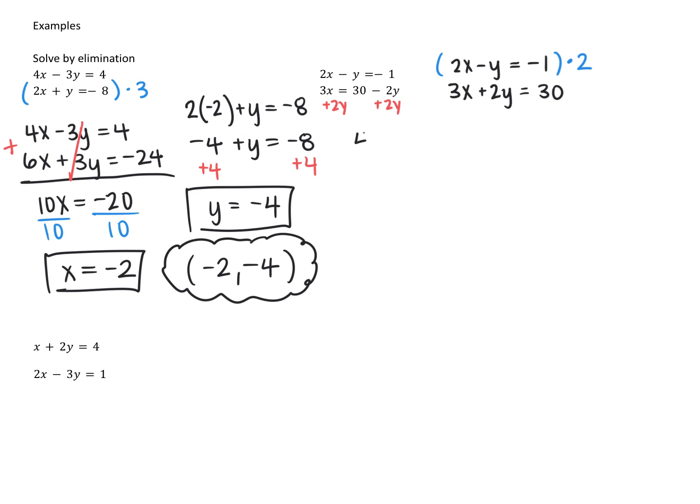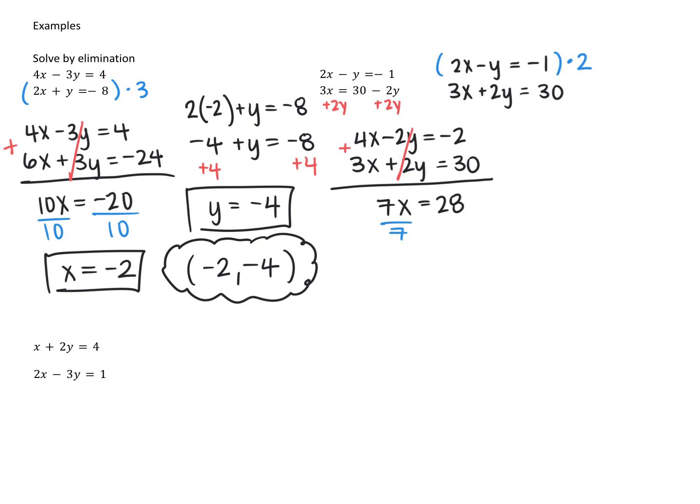So we get 4x minus 2y equals negative 2. Second equation stays 3x plus 2y equals 30. You add the equations together, the y's cancel, so we get 7x equals 28. Divide both sides by 7, and x equals 4.